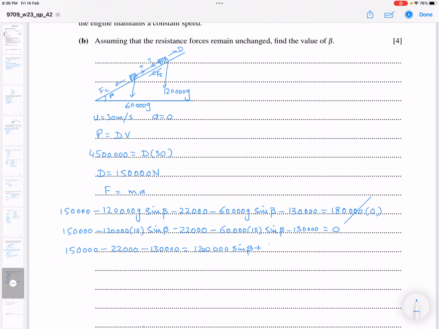So this is 600,000 sine of beta. So we will get 115,000 equals 1,800,000 sine of beta. So your beta is 3.7 degrees. This is your answer.